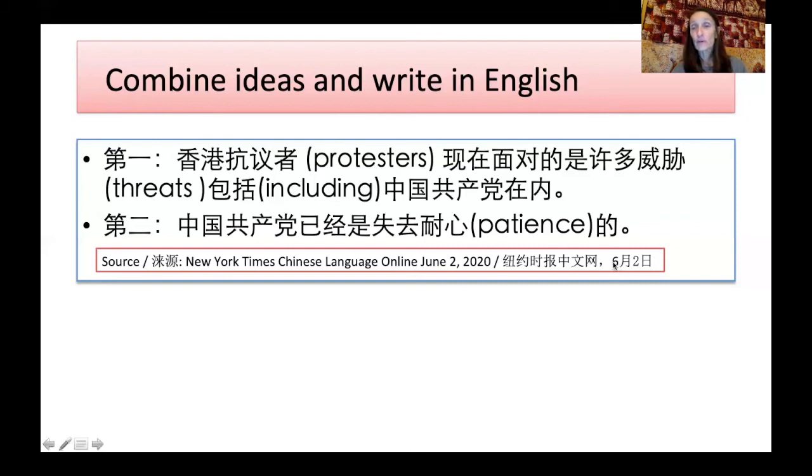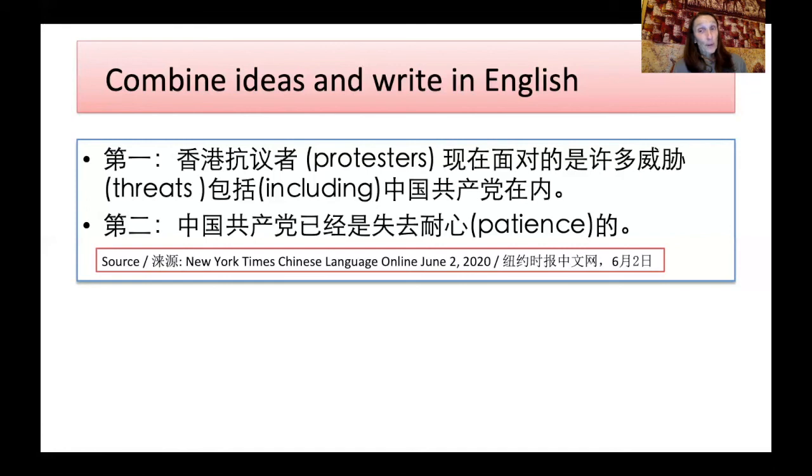So that's here it is, from June 2nd, from the New York Times. So 暂停视频一下，请你们试试做这个练习.